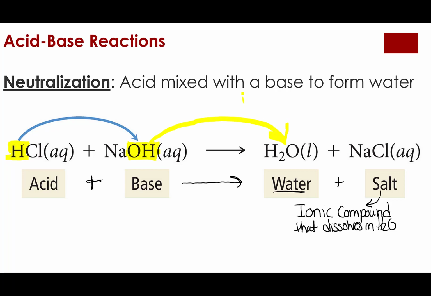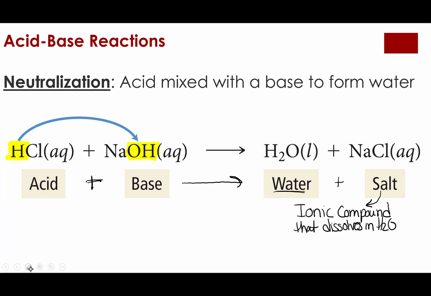So I have a hydrogen from my acid, I have an OH from my base, and that is our water, H2O. That's how we figure that the water is being made.